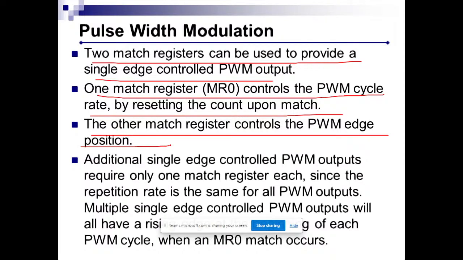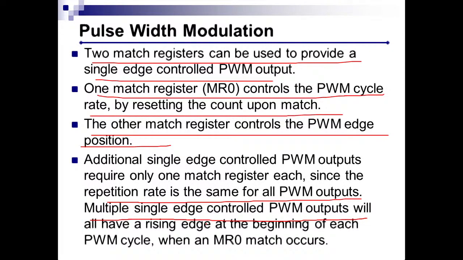Additional single edge control PWM outputs require only one match register each, since the repetition rate is the same for all PWM outputs. Multiple single edge control PWM outputs will have a rising edge at the beginning of each PWM cycle, whenever the MR0 match occurs.